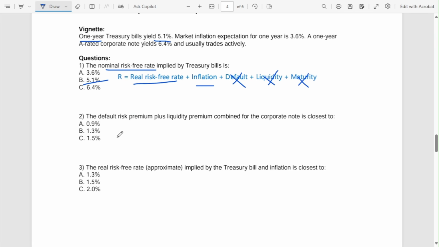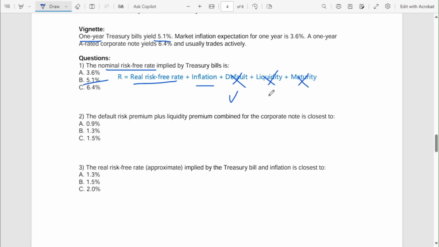Second question. The default risk premium plus liquidity premium combined for the corporate note is closest to. Okay. To find the answer to this question, we need to compare the treasury bill with the corporate note. The same formula goes as we have written here on the first question. Now, what is the difference between the corporate note and the US Treasury bill? Well, the corporate note has default risk, so we need to use default premium for that.